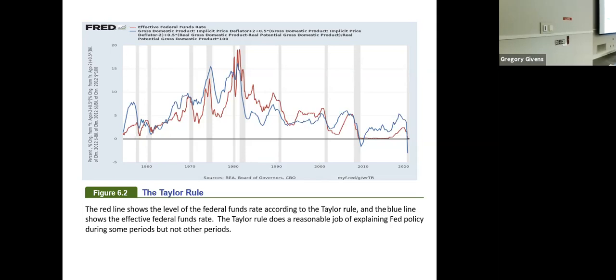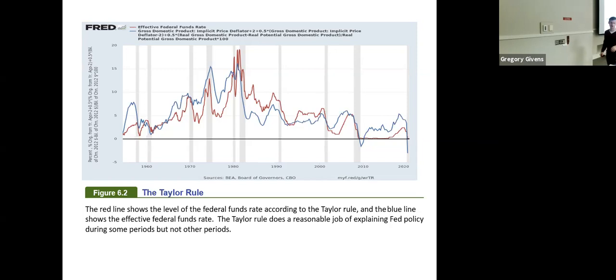So you can construct this counterfactual data directly in FRED, okay? In the description here, I've got the colors reversed, so don't get confused by that. The red line is the actual funds rate. The blue line here is the rate that would be suggested by the Taylor rule, okay?